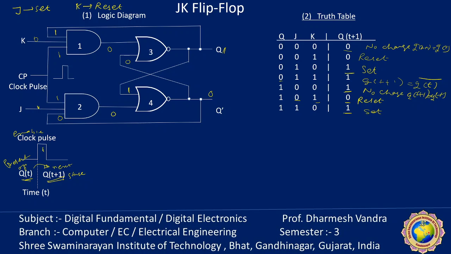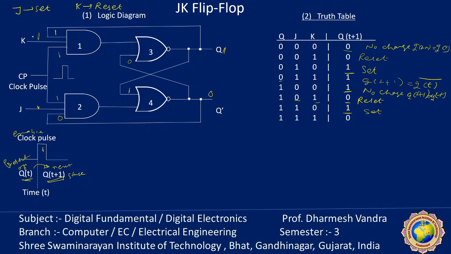Okay. Now when Q is equal to 1 and J and K both are equal to 1 1. This K is changed to 1. So this Q is reflected here and Q dash is reflected here. So 1 1 1.